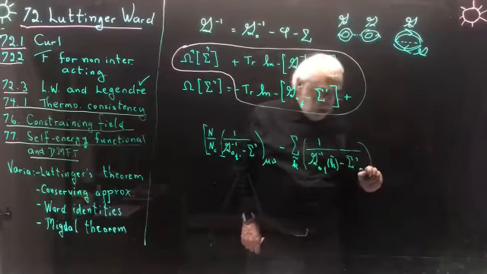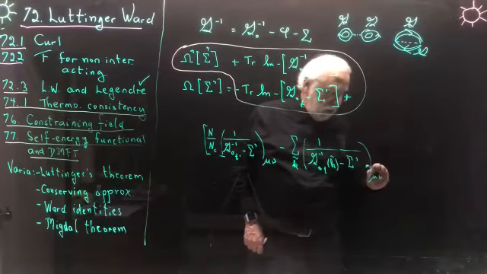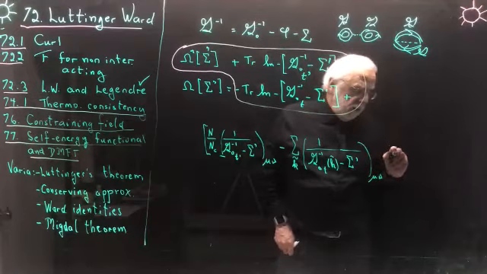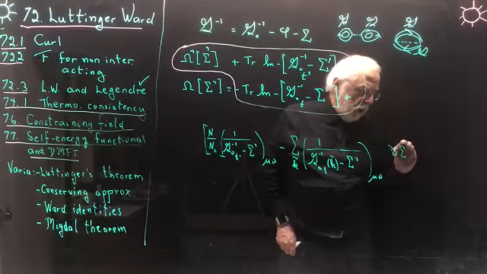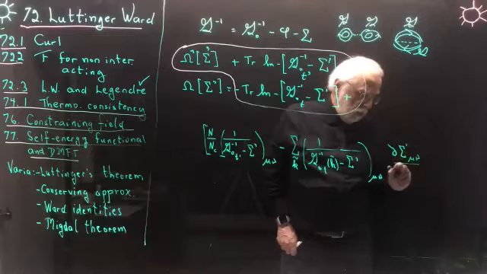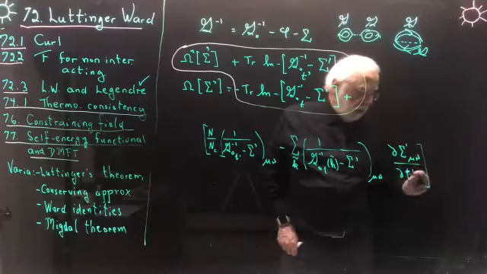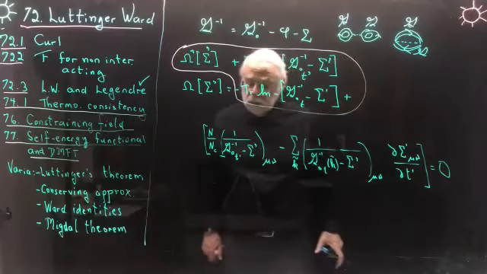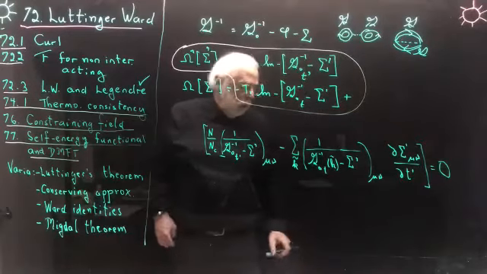And I have again the same mu nu indices. And now I have the derivative of sigma prime mu nu with respect to these t prime variables. And that has to be 0 if I use this extremum principle.